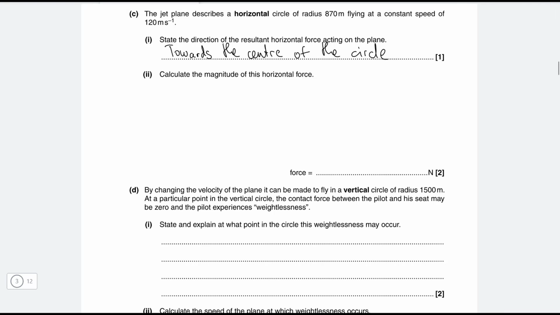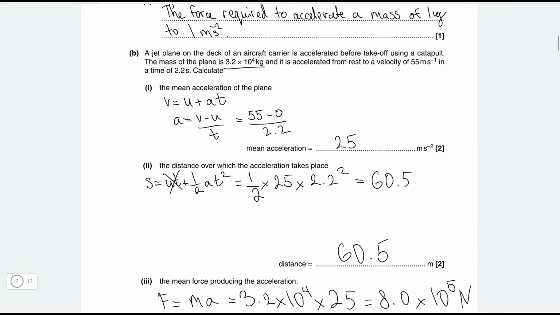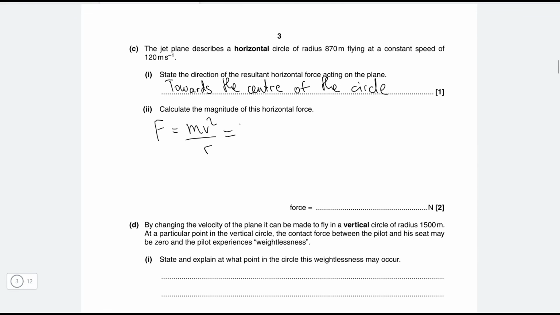Like so. Calculate the magnitude of the horizontal force, which is going to be using F is equal to mv squared divided by r, and we're given the mass of the plane. It was 3.2 times 10 to the power 4, so it's going to be 3.2 times 10 to the power 4 multiplied by 120 squared.